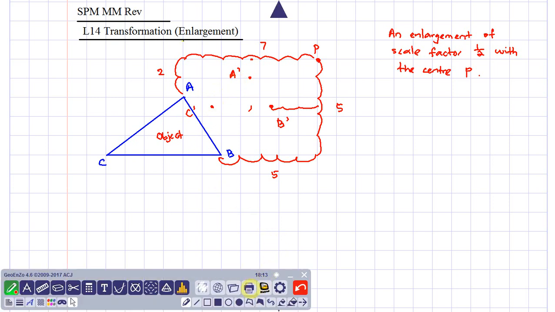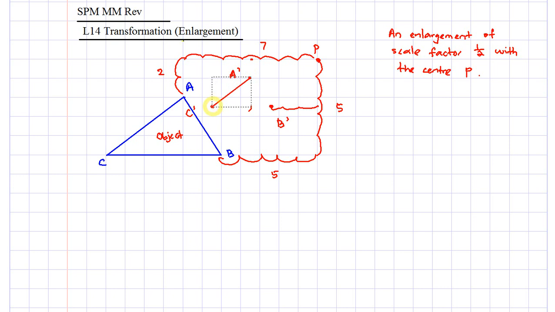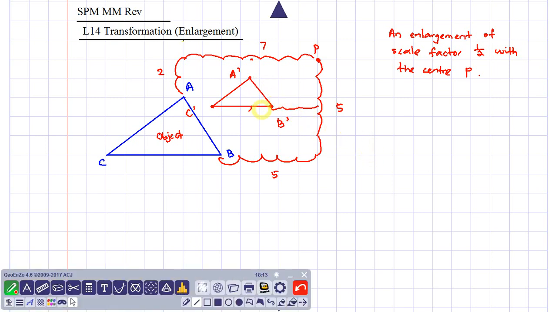Next step, you just connect all the points together. This will be the image of triangle ABC. If you want to check whether it is correct or not, you can try this method.